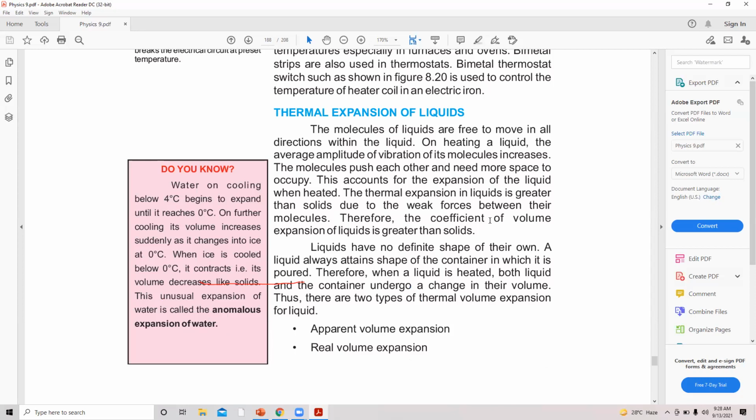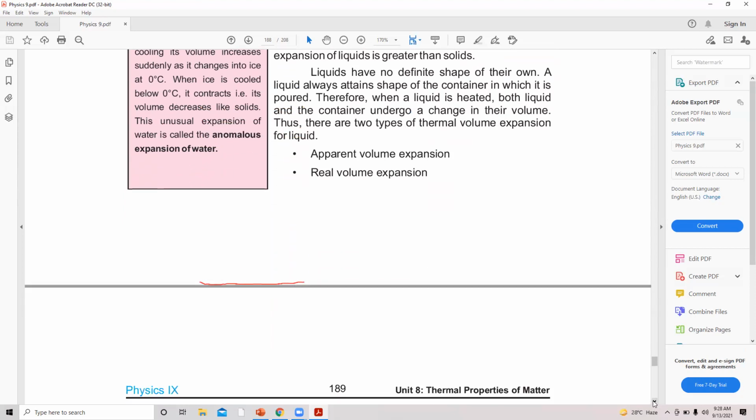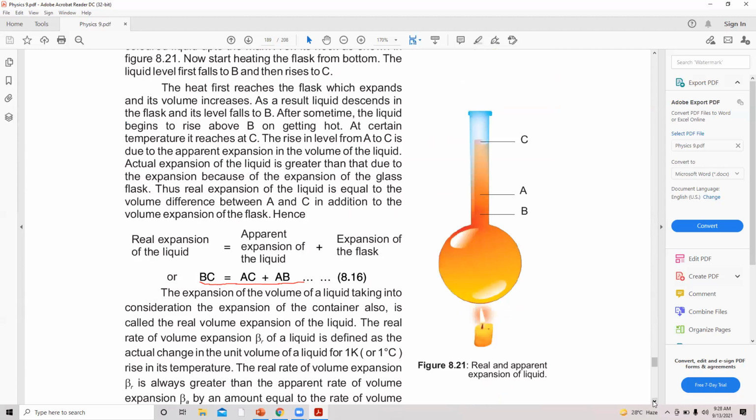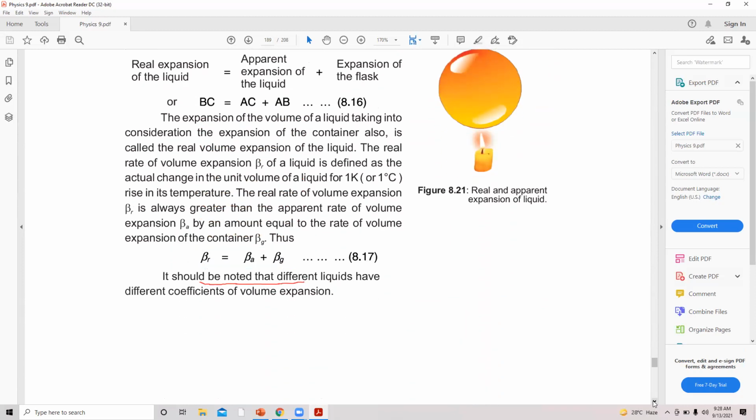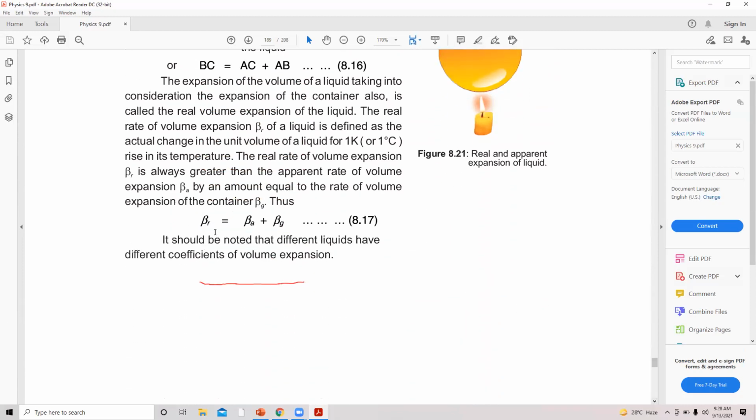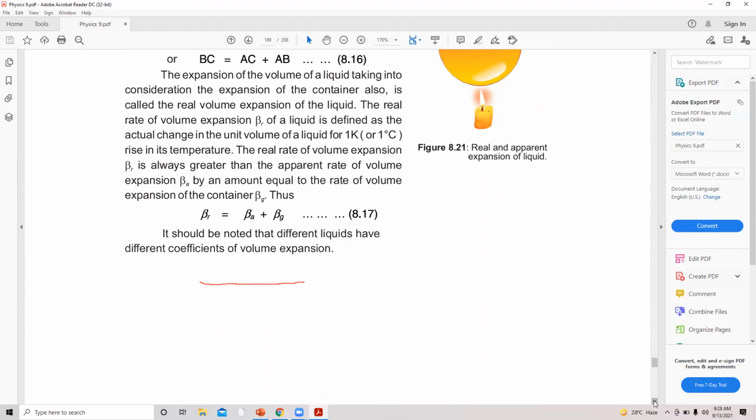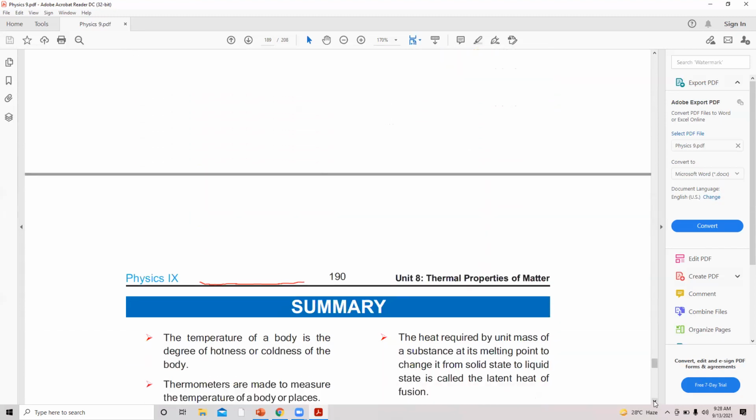Then in thermal expansion of liquids, we have two: apparent volume expansion and real volume expansion, and we have already discussed the process involved here, so you have to go through it as well. Then you must know the formula to calculate the real expansion in case of liquid, that is beta r equals beta a plus beta g, right? So this is all about it.